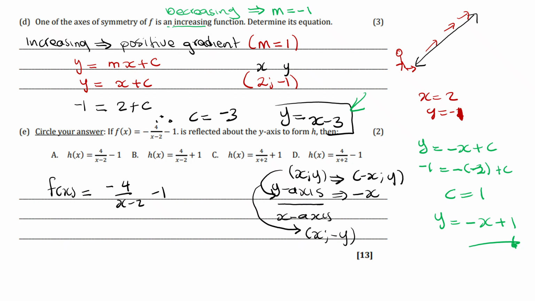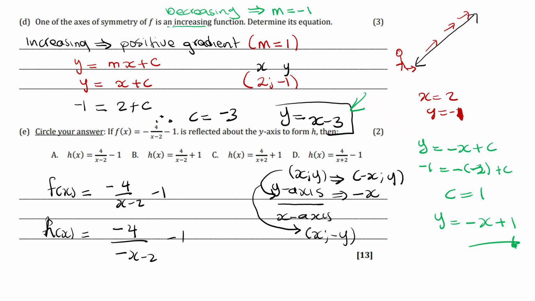So now let's focus on this. We are reflecting around the y-axis, so we can write our h. Remember, they said the new graph, when we reflect, we are forming h. So this will be -4 over (-x - 2), minus 1. We definitely take our x to be negative. Now you just have to check your options.